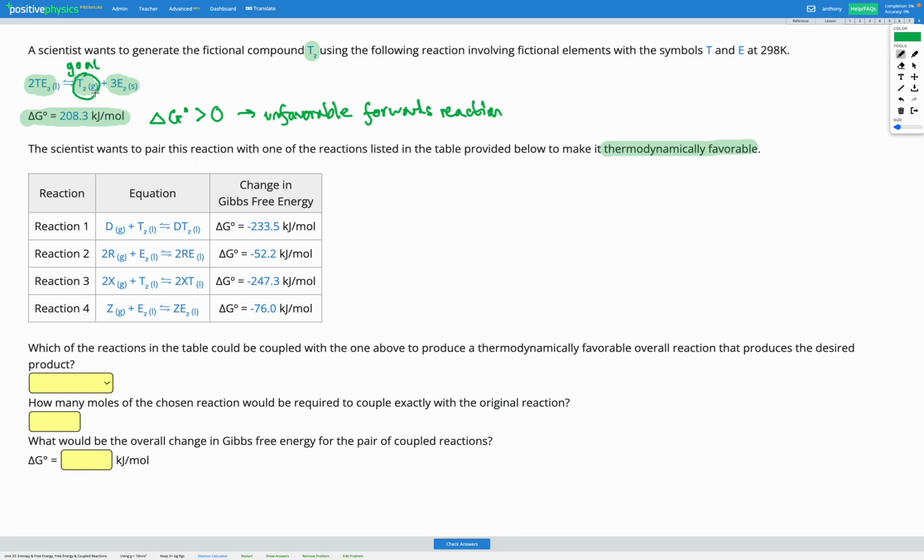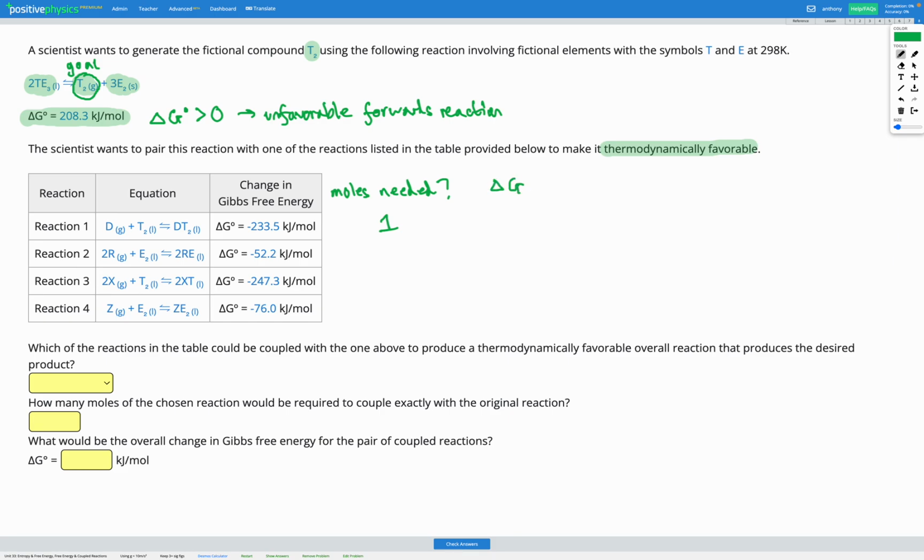So in order to do that, we've got one T2 in our reaction here, so we'd need one set of reaction 1 in order to pair with our goal reaction.